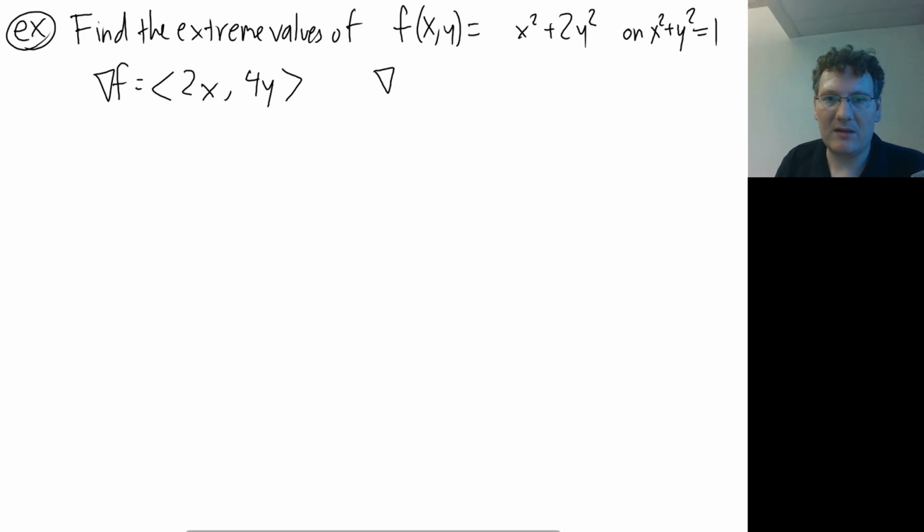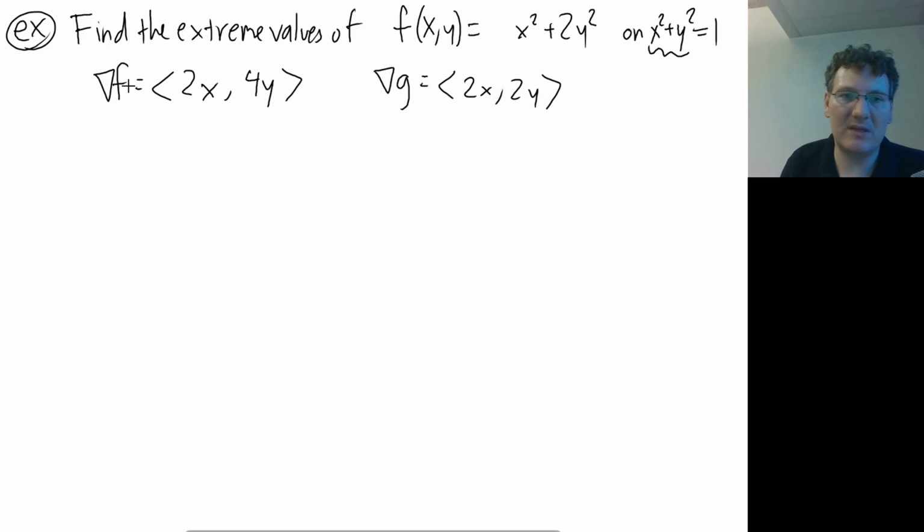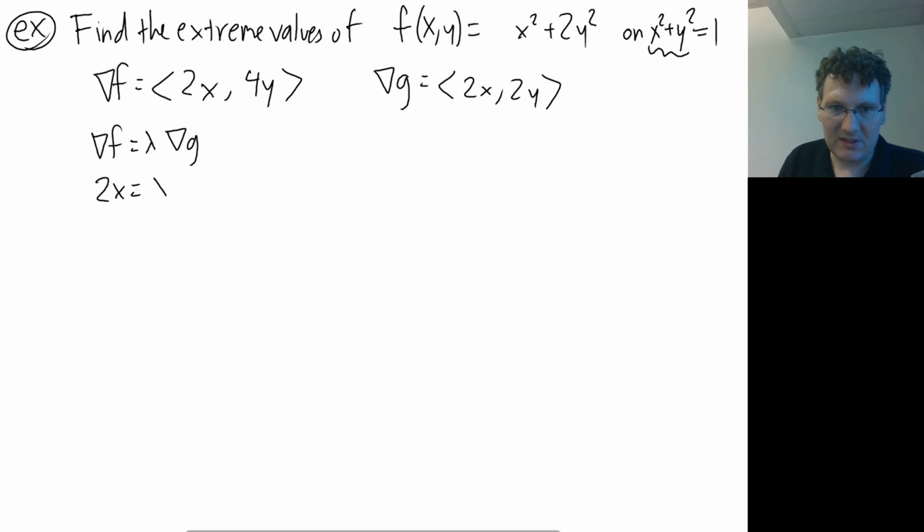And the gradient of g is going to be 2x comma 2y. So when we set gradient f equal to lambda gradient g, this is just another way of saying 2x equals lambda times 2x, and then 4y equals lambda times 4y.